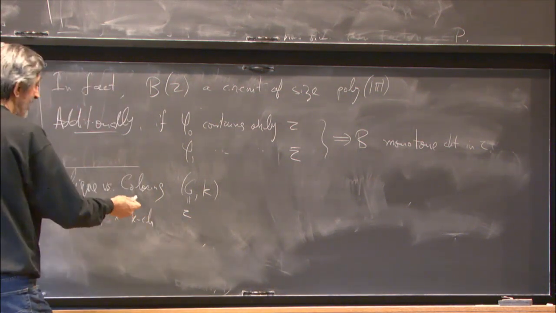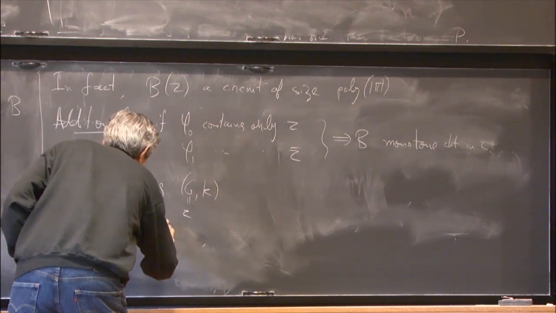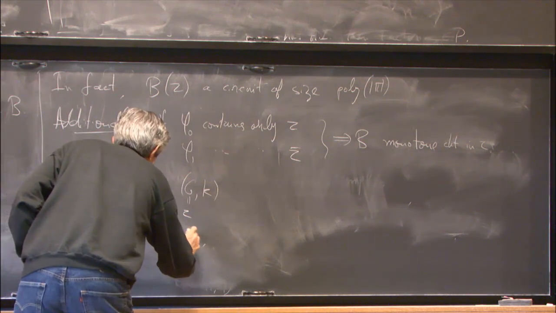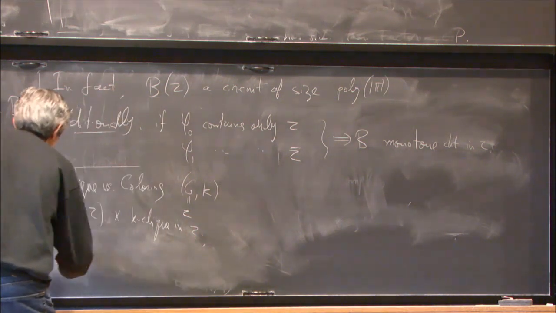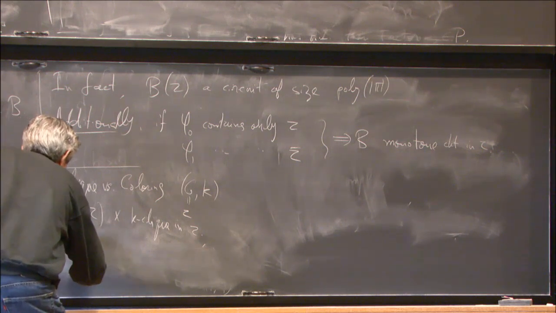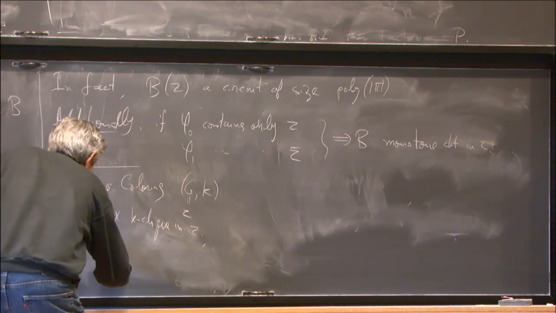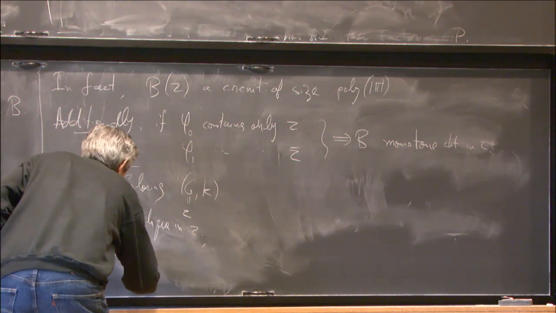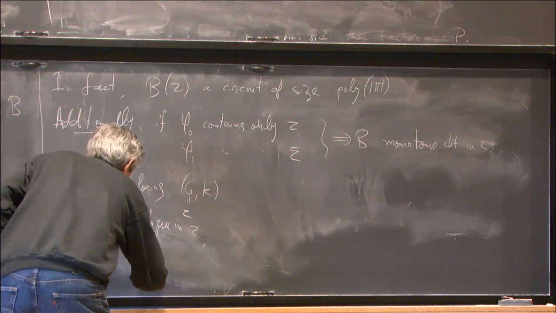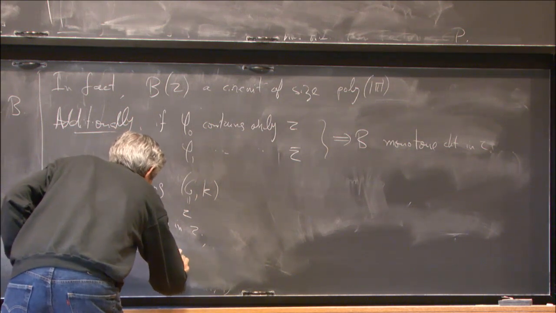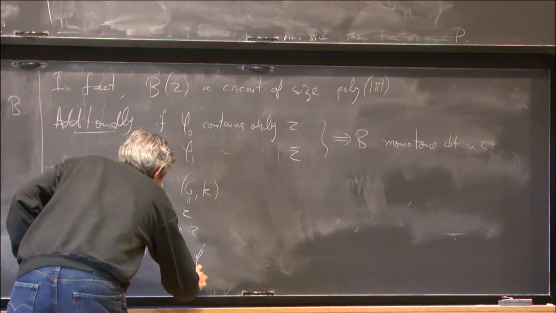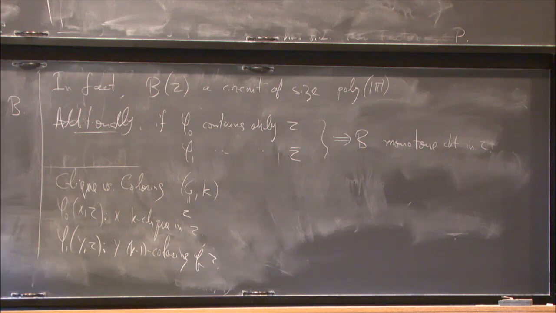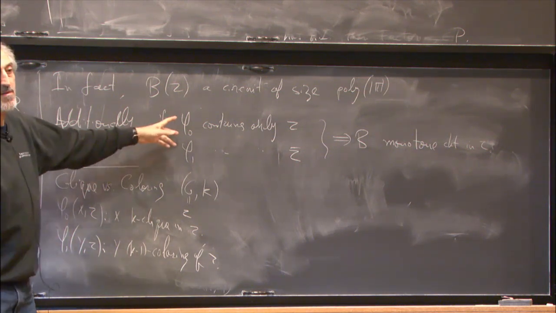So x variables encode the k-clique in the graph z. And phi 1 will say that y is a k minus 1 legal coloring of z. And you can make this encoding in such a way that it will satisfy this property.